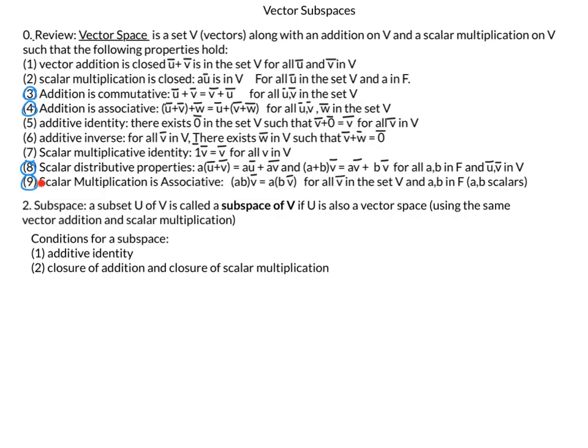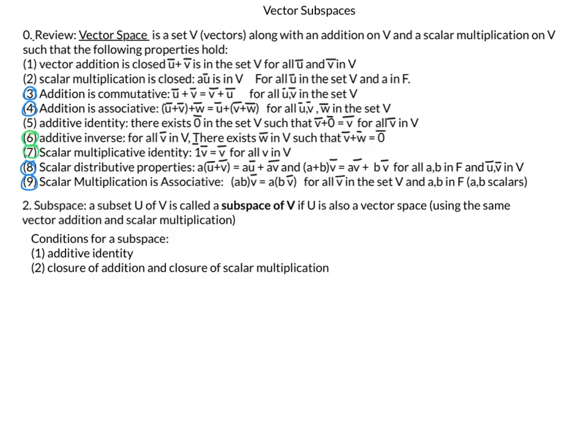These 4 are just properties of these operations that we inherited from V. So if V is a vector space, those operations still have those algebraic characteristics even for the set U. So we get these 4 for free because U is a subset of V, and we don't have to prove them. These 2 here, additive inverse and scalar multiplicative identity, come because of closure, which we're going to have to prove. But once we prove closure, these 2 come automatically.